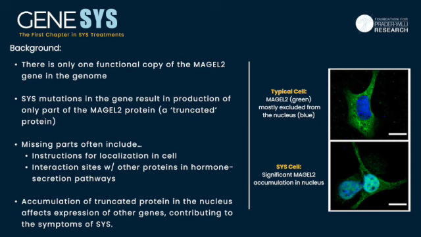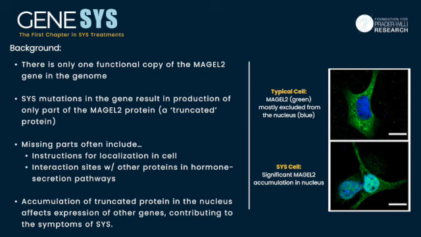In this particular cell, the MAGEL2 protein is tagged with a green fluorescent tag. You can see it all throughout the body of the cell, or the cytoplasm. This is a normal MAGEL2 protein. If you were to take a cell from anyone who does not have Schaaf-Yang syndrome, that's where the MAGEL2 would go to do its normal function.